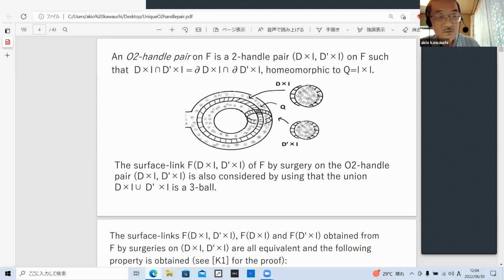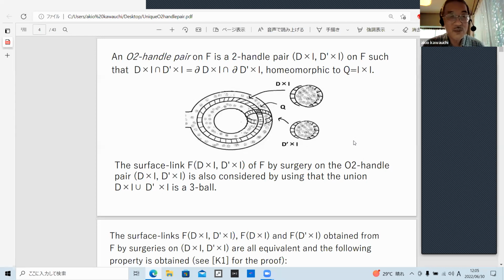An ortho-handle pair means an orthogonal 2-handle pair. Just this picture. On F, it's a 2-handle pair D×I, D'×I on F, such that the intersection is, like in this picture, just the intersection of the annuli. So the intersection is a square.